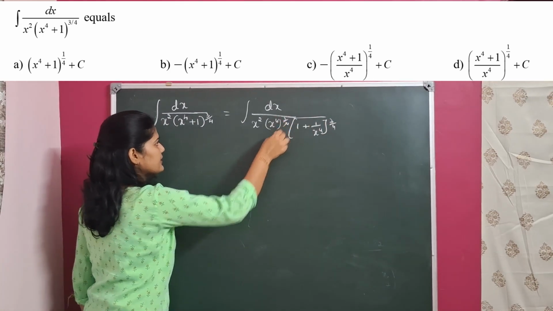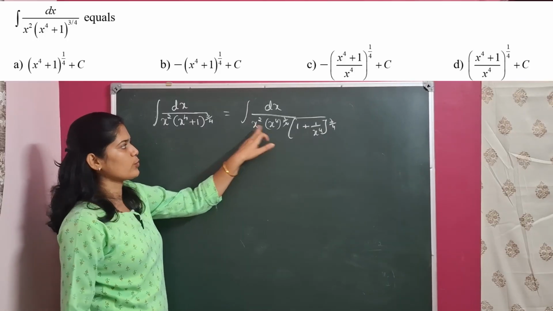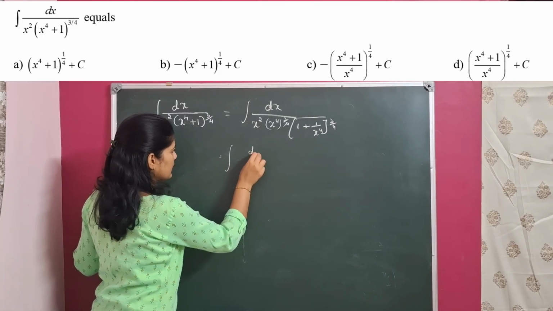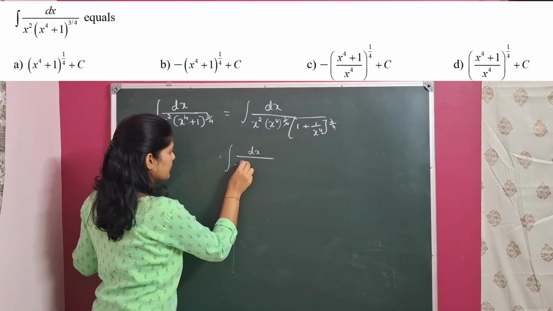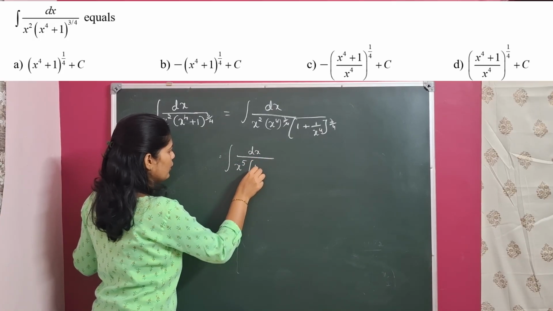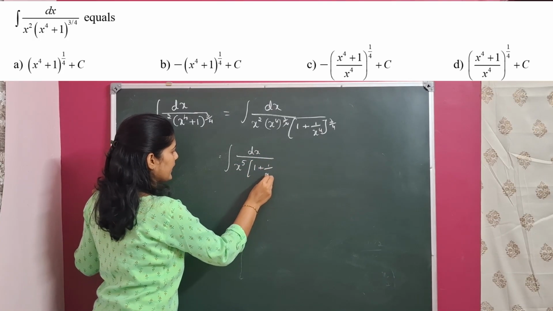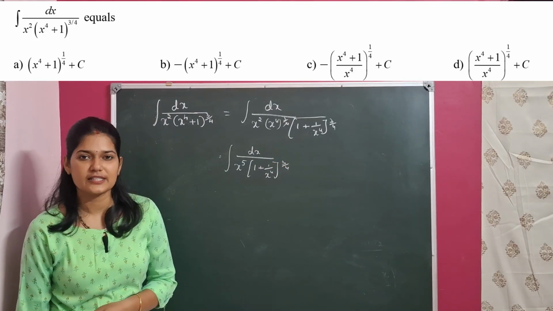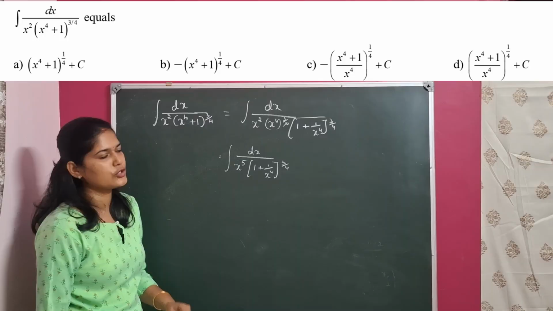If we simplify this, it will be x square into x cube, which is nothing but dx by x power 5 into 1 plus 1 by x power 4 whole power 3 by 4. Now we take the substitution method. Let us substitute.